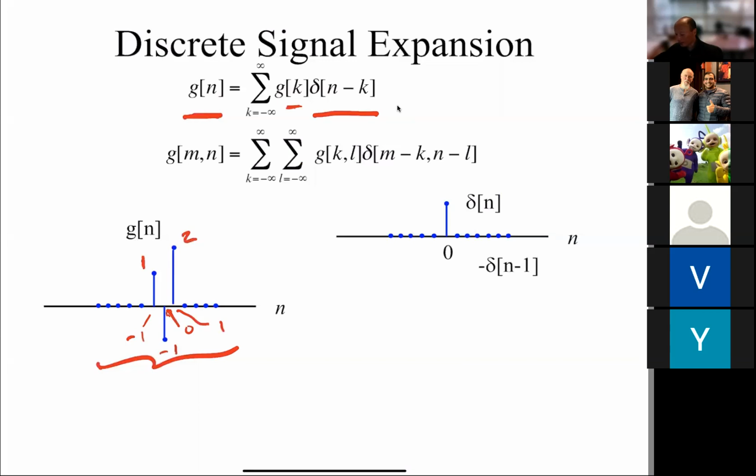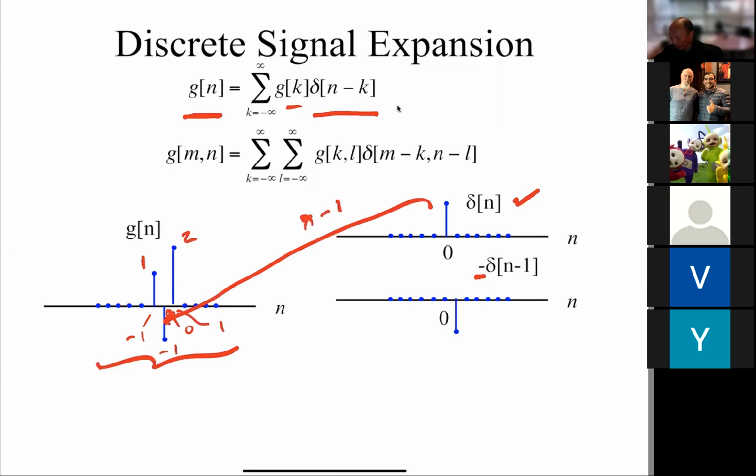For example, we clearly have something at delta of n, but we're going to have to multiply it by a minus to get from here to here. Sorry, so this is delta of n, and this is the minus delta n minus 1. So multiplying this by -1 gets me this term here.